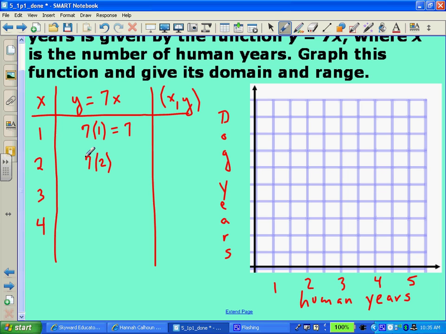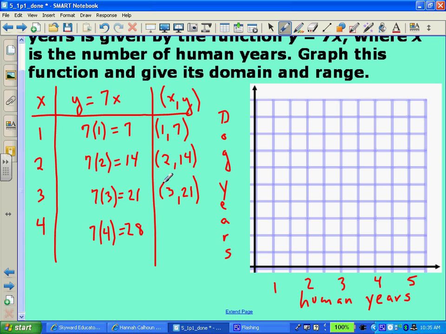So 7 times 1 is 7. 7 times 2 is 14. 7 times 3 is 21. And 7 times 4 is 28. So my ordered pairs would be 1, 7, 2, 14, 3, 21, and 4, 28.